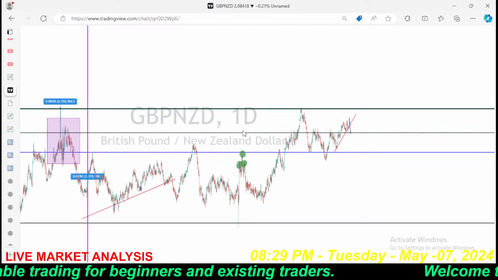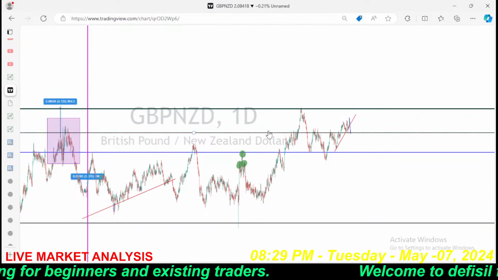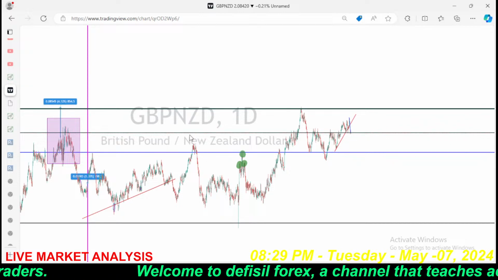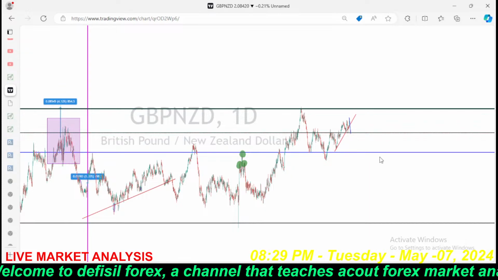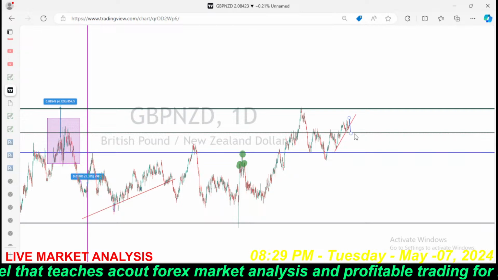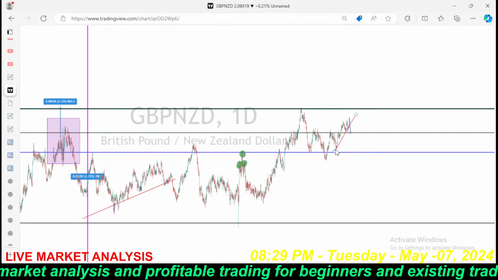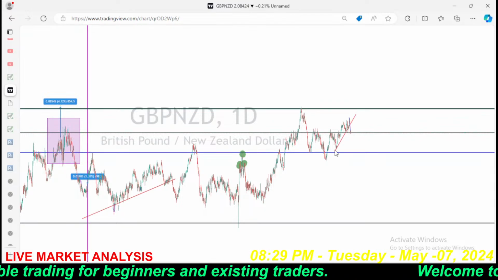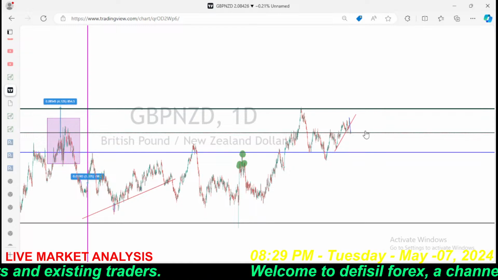So for this particular GBPNZD to trade below this area, it will have to do a lot of work, and even for it to trade back upward to continue this uptrend, it will also have to do a lot of work.